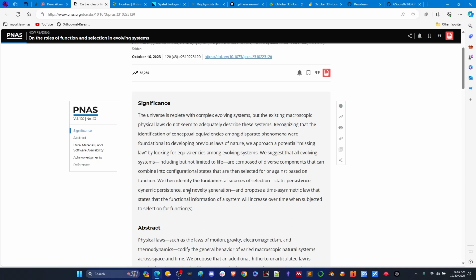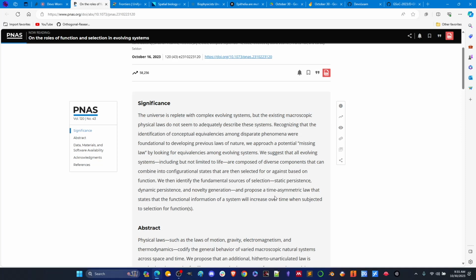Dynamic persistence is where things are persistent over time, and static persistence is where they're static locally, not over the course of evolution, but in the current state. So you could map this to development, static persistence, evolution, dynamic persistence, and novelty generation, which would be like mutation or recombination. And so that's how you would think about that, maybe biologically.